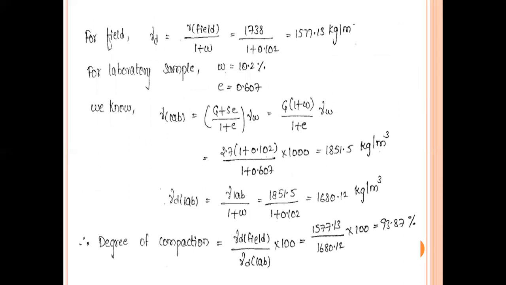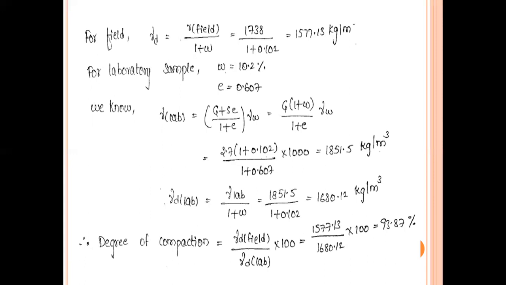So first we find in field gamma D, dry density, equal to gamma by 1 plus W. Gamma is 1738 divided by 1 plus water content, which is 10.2 percentage. It converts into the value 0.102.